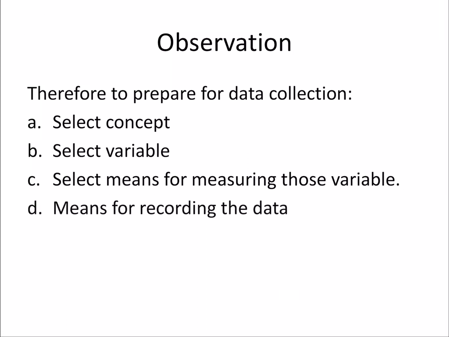Now, in the example of traffic violation, the concept was traffic violation or traffic infringement. Let's just write that here. The variable, the thing that you're going to measure, is a red light.